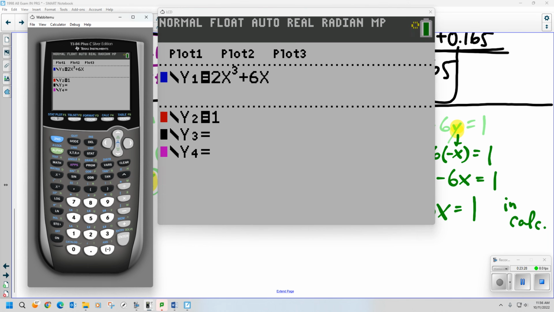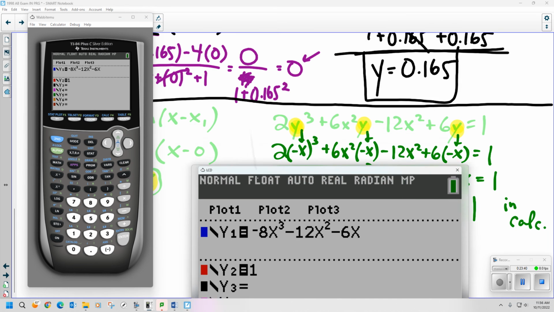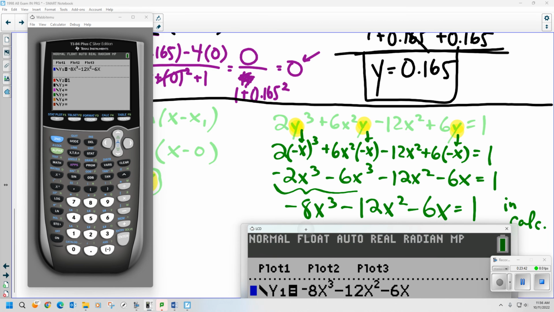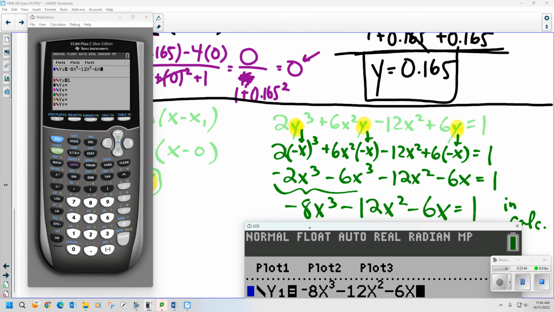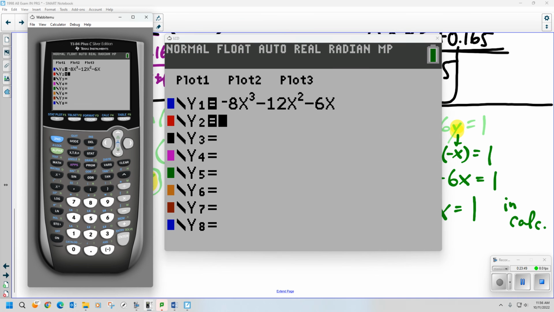Let's go to y equals. Clear this out. We have -8x cubed minus 12x squared minus 6x, and I want to set that equal to 1, so my next equation is already at 1.